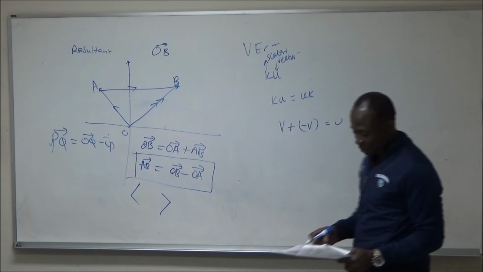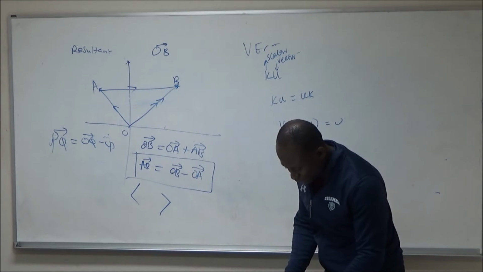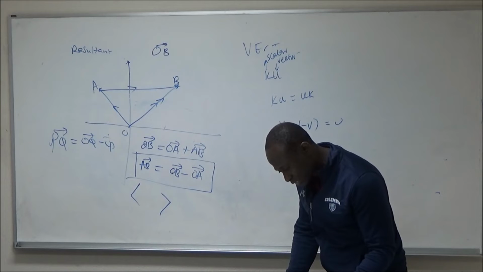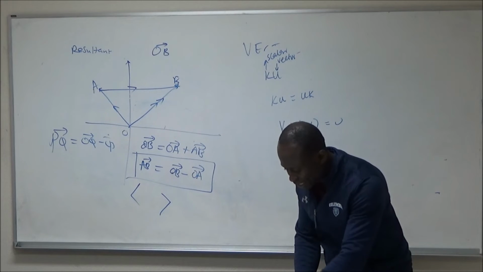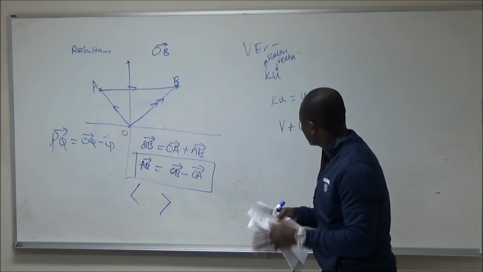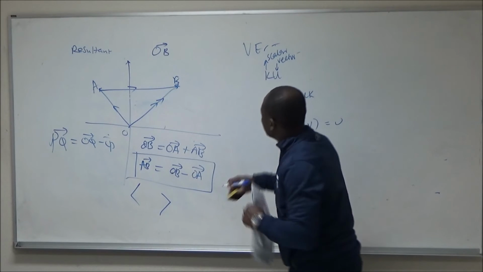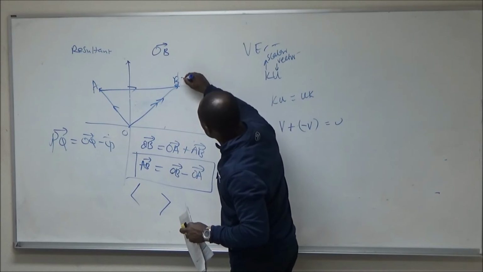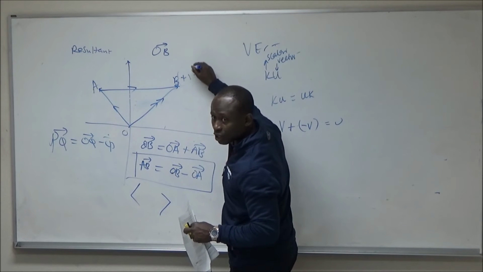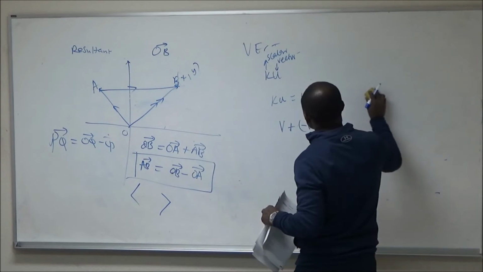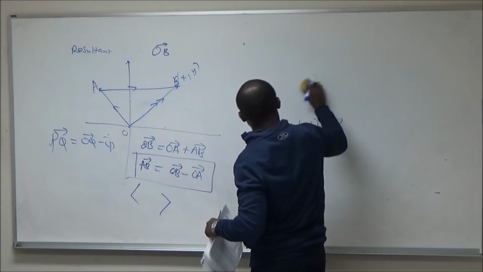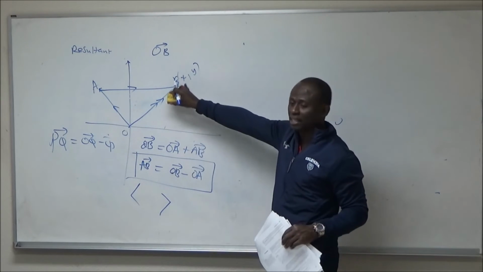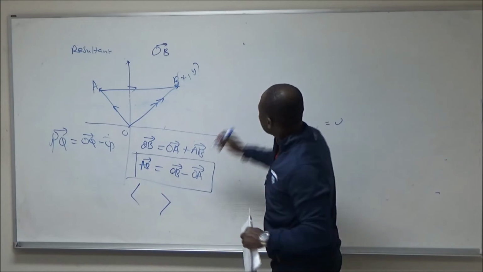Okay? Alright, so there are a few other things that we need to know about vectors, which is the magnitude of a vector. Let's say I give you a vector AB. So obviously this will have an X component and a what? Y component. How do you find the magnitude of a vector? So let's say the point B has an X and Y component.